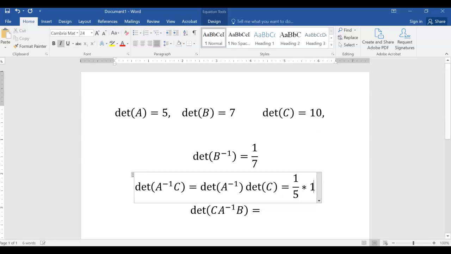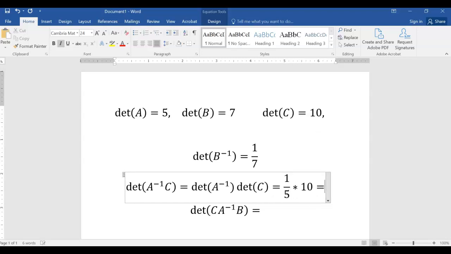Well, C we know has a determinant of 10, so A inverse times C would have a determinant of 2.